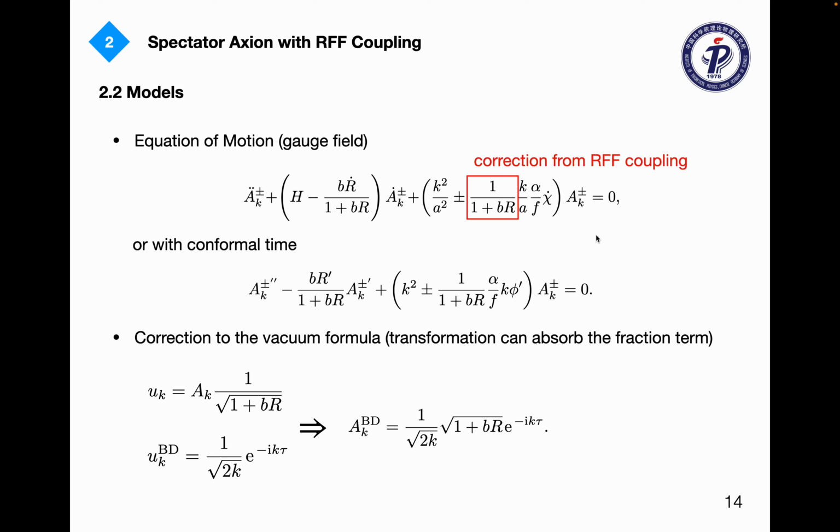However, it also introduces an axion friction term, which means our formula for the BD vacuum should be slightly changed. And usually, in our work, we set the B to be a negative number. Therefore, the 1 plus BR is generally a number smaller than 1. So this correction will bring an enhancement of the effective mass.